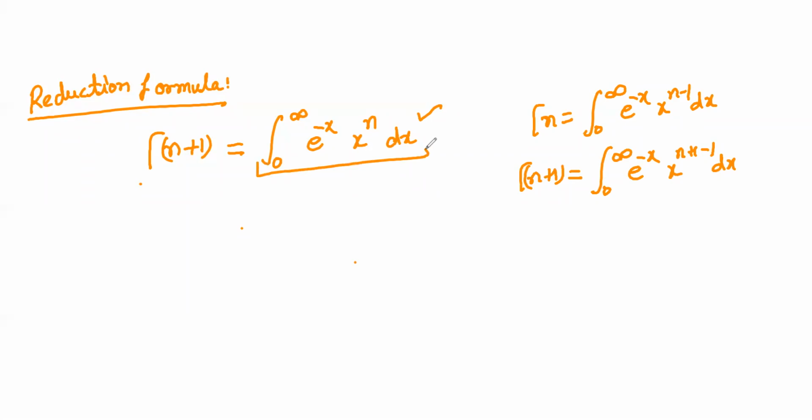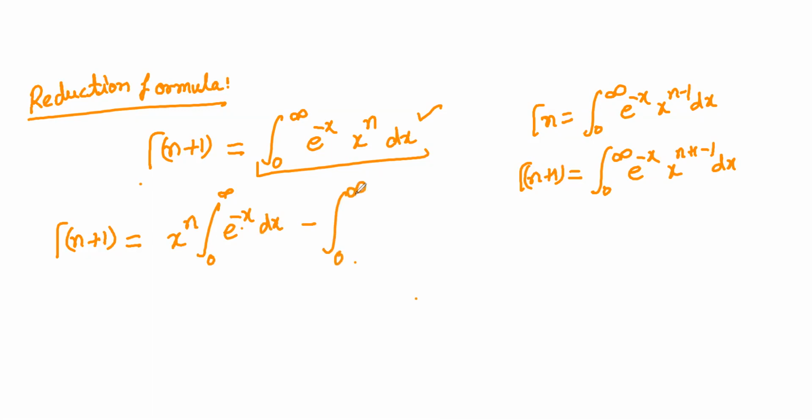So I will use integration by parts. Gamma n plus 1 is equal to, take the first function, x raised to n, and the integration of e raised to minus x, from 0 to infinity dx, minus the whole integral from 0 to infinity.